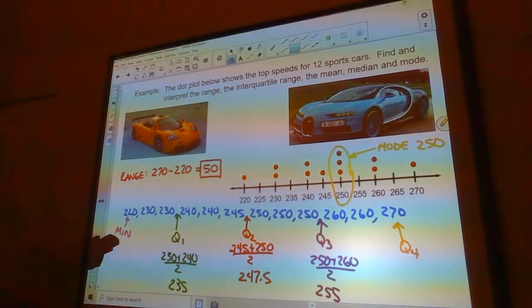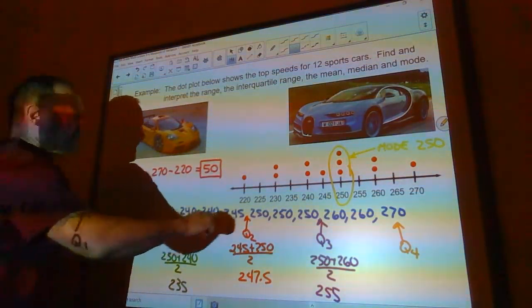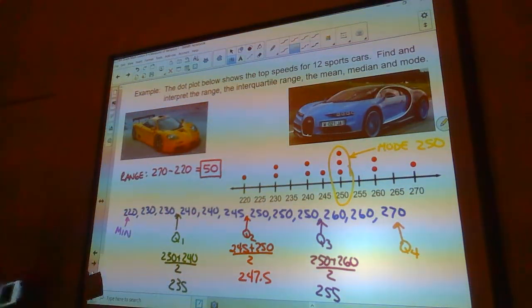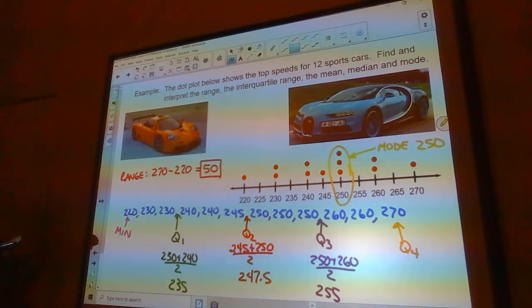So remember, with our means, we add up all the data and we divide by how many there are. So 220 plus 230 plus 230 plus 240 plus another 240 plus 245 plus 3 250s plus 2 260s and a 270.